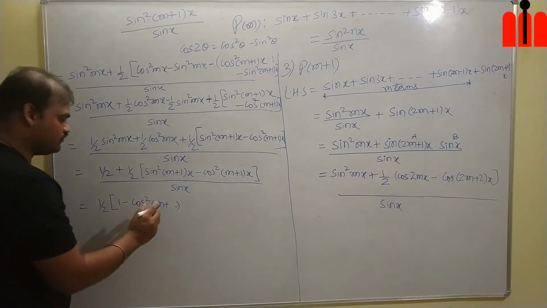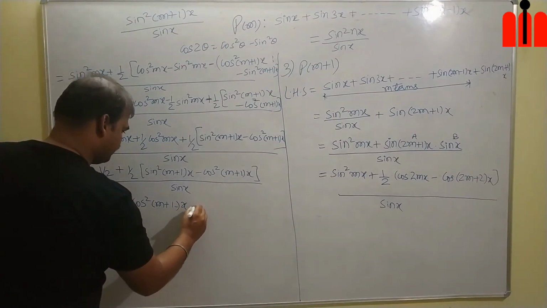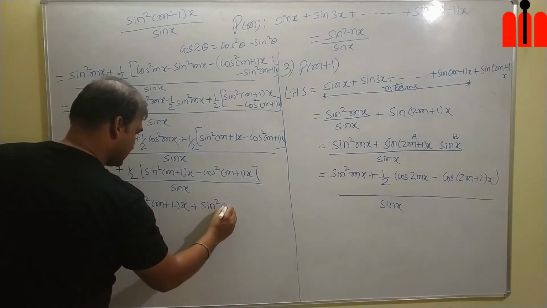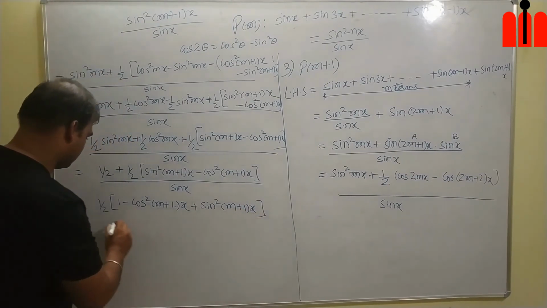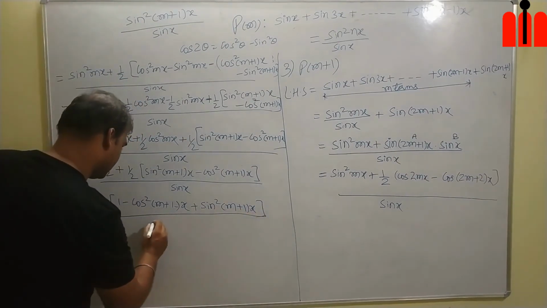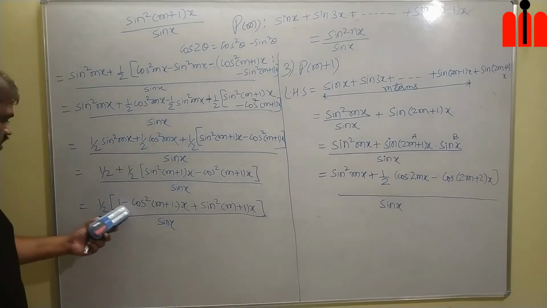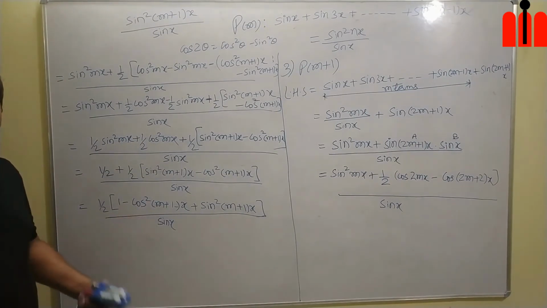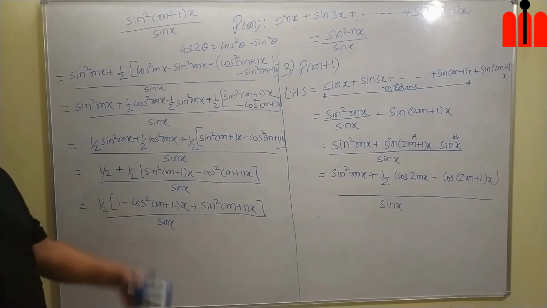I want to make use of that identity. That's why I am writing my cos square term up front, plus sin square m plus 1x, whole divided by sin x. Okay, so 1 minus cos square m plus 1x will become sin square m plus 1x. What is the identity? 1 minus cos square theta is equal to sin square theta, right?